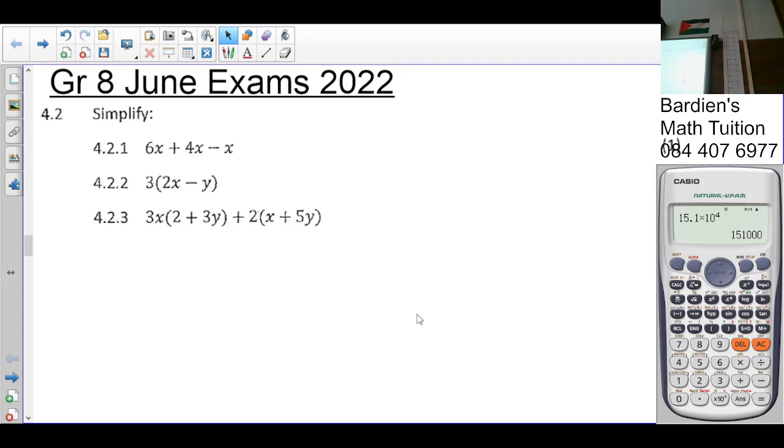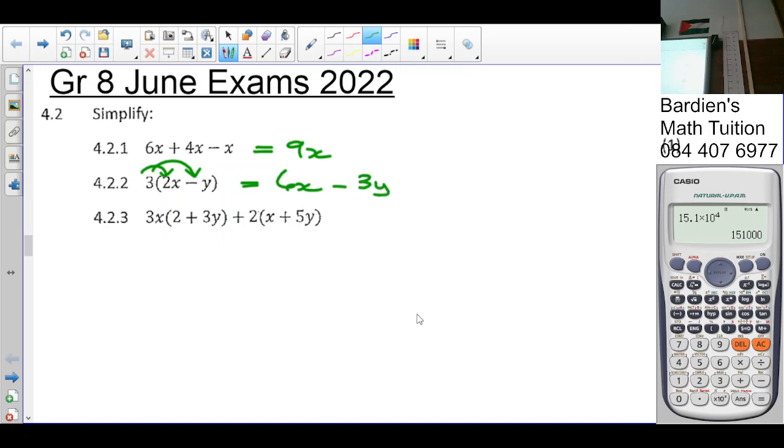Okay. It is simplified. So, what is 6x plus 4x? 10x minus x is 9x. The next one, we must multiply out to get rid of the brackets. So 3 times 2x is 6x. 3 times negative y is negative 3y. Okay, next, we get rid of the brackets.